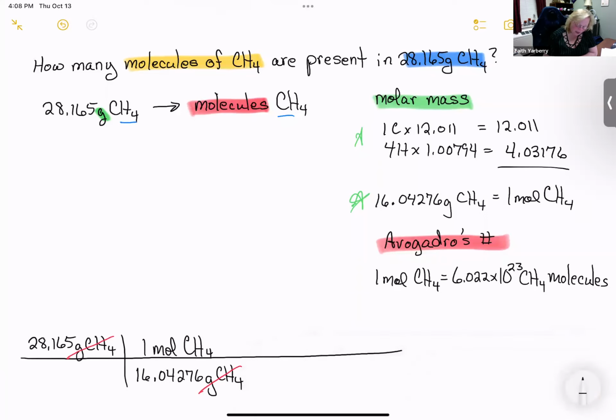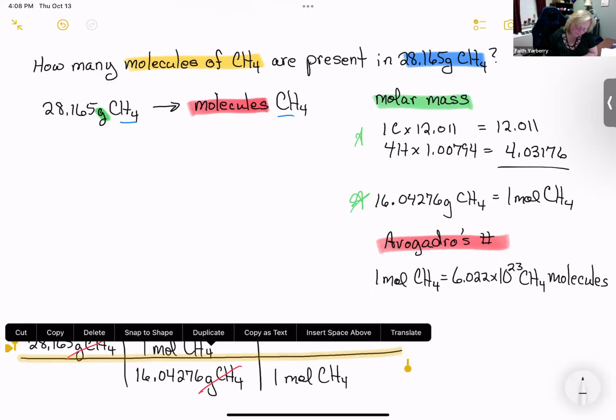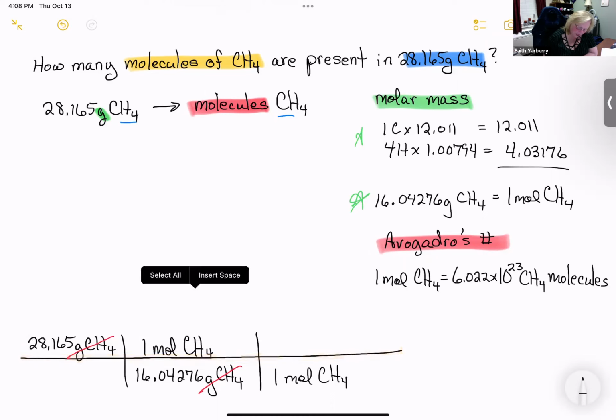Now that I have moles of methane, I can use Avogadro's number to get it from moles into molecules. 1 mole of methane of that equality is going to go into the denominator, while the 6.022 times 10 to the 23rd methane molecules goes into the numerator.